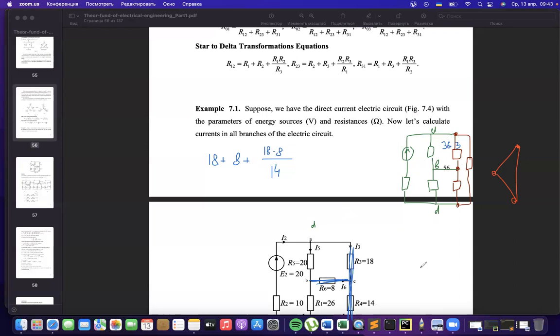And using the same formulas for the others, we take 14 multiplied by 8 divided by 18 plus 14 plus 8. It will be 28.2. And then the last one, 18 multiplied by 14 divided by 8 plus 14 plus 18. It will be 63.5.